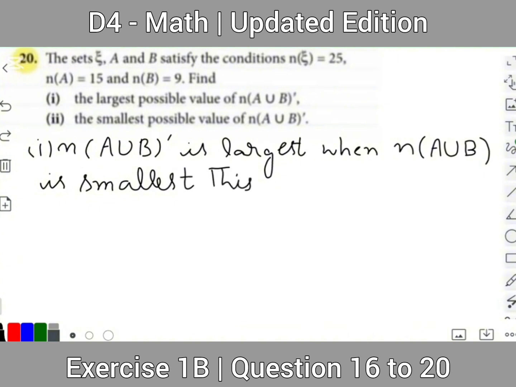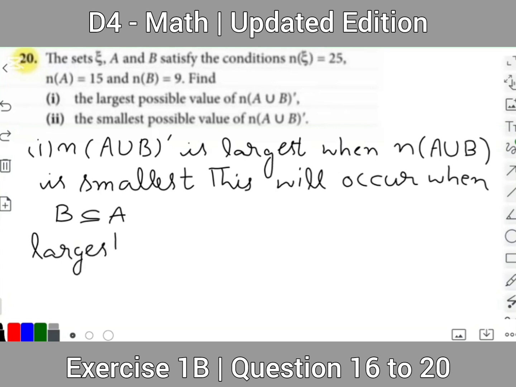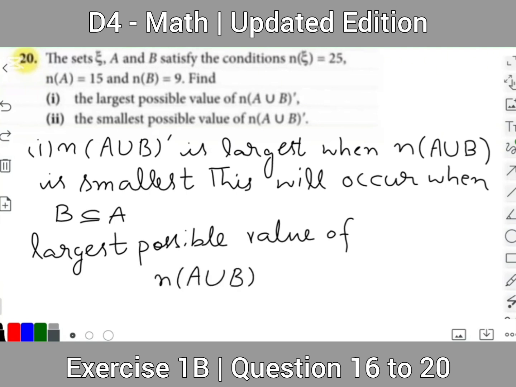This will occur when B is a subset of A. So the largest possible value of n of (A union B) whole complement can be found by subtracting the number of elements of the set A from the number of elements of the set eta, and the values are respectively 25 minus 15, and we will get 10.